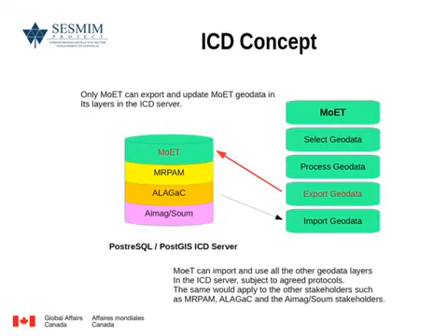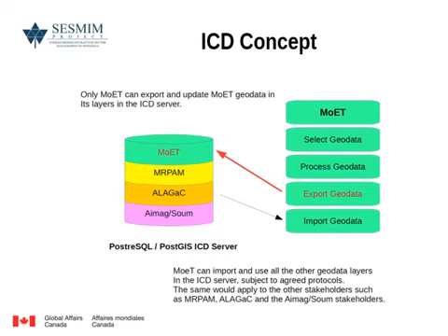This is really the concept for the integrated cadastral database, in a nutshell. For example, I've got here Ministry of Environment, could be MRPAM. You select the geodata, process the geodata, and then you can export the geodata into the database.